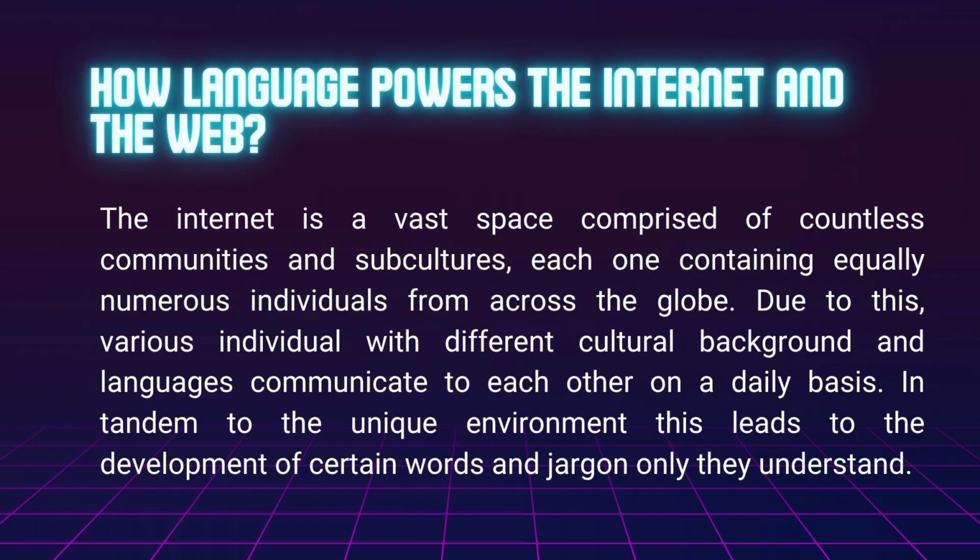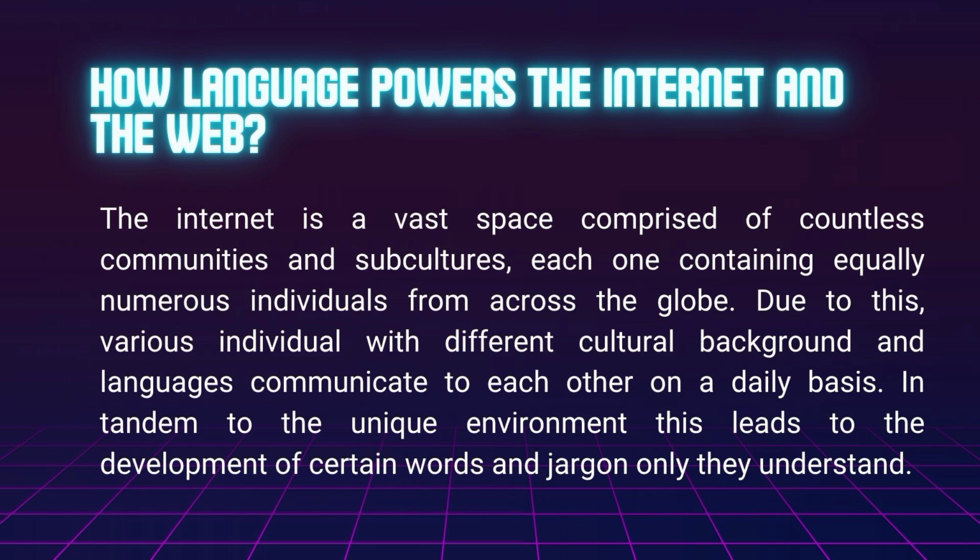How language powers the internet and the web. The internet is a vast space comprised of countless communities and subcultures, each one containing equally numerous individuals from across the globe. Due to this, various individuals with different cultural backgrounds and languages communicate with each other on a daily basis. In tandem with their unique environment, this leads to the development of certain words and jargon only they understand.